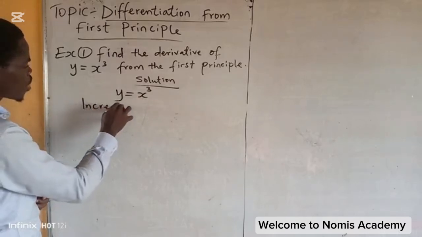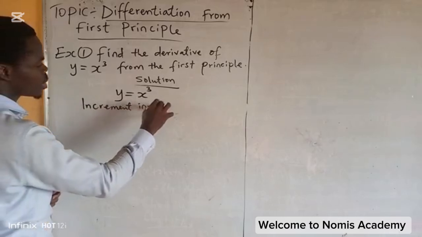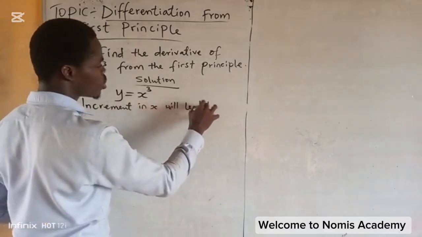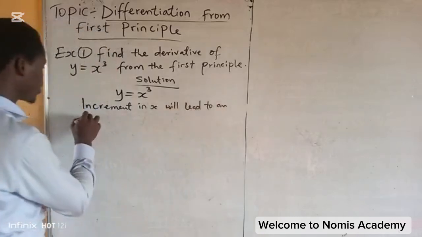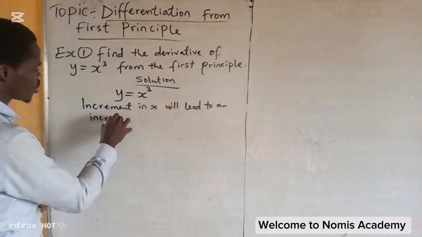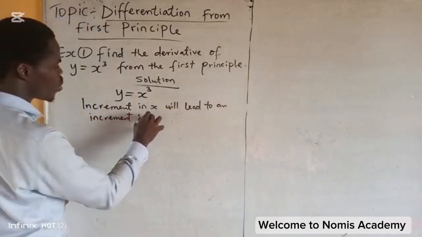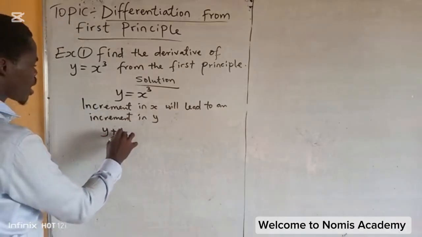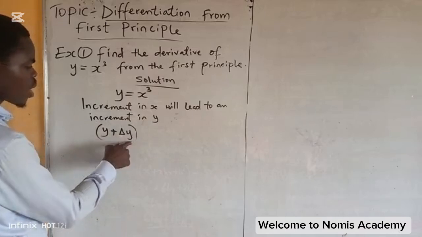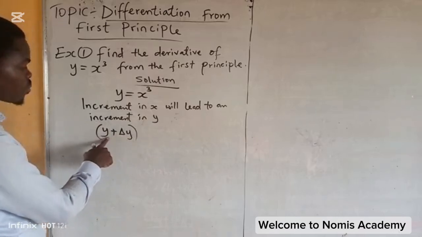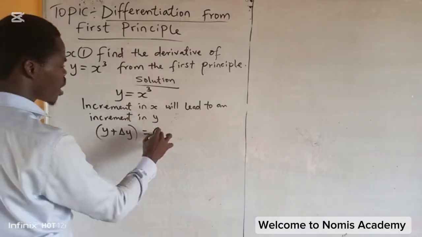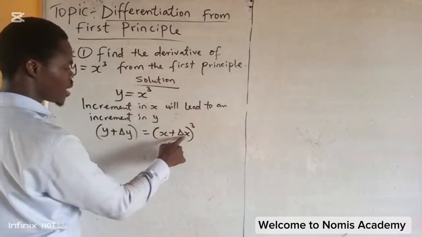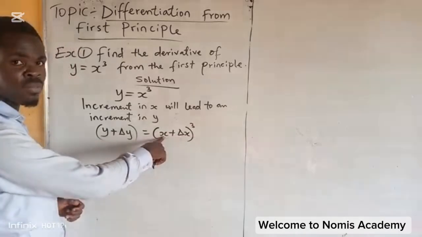Increments in x will lead to an increment in y. So we have y plus delta y. Delta y is the increment of y, and then we have x plus delta x raised to the power of 3. Delta x is the increment of x.